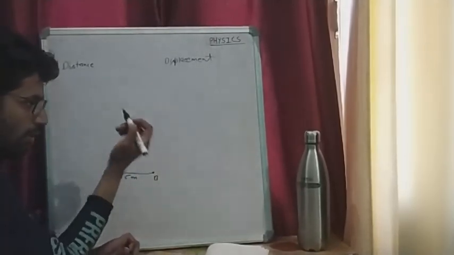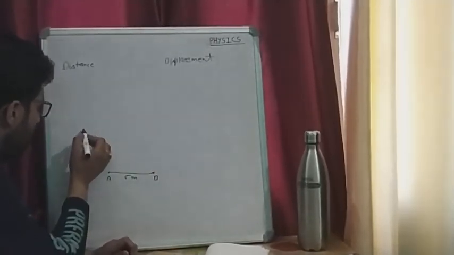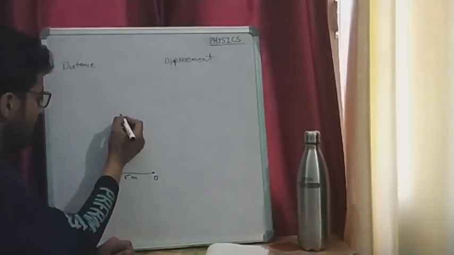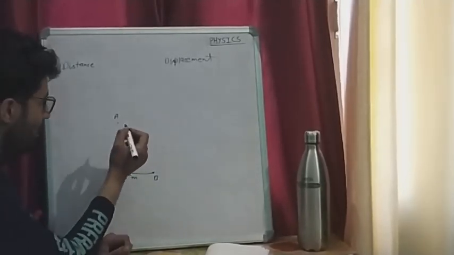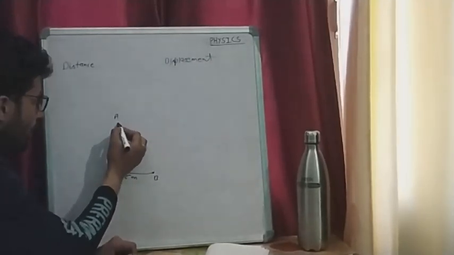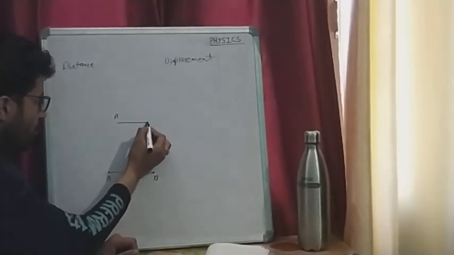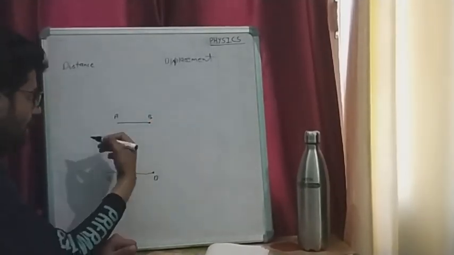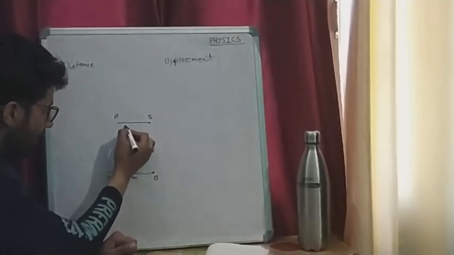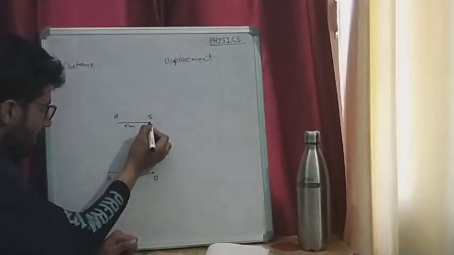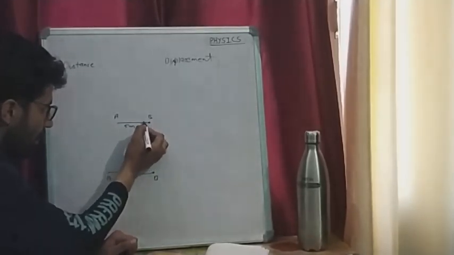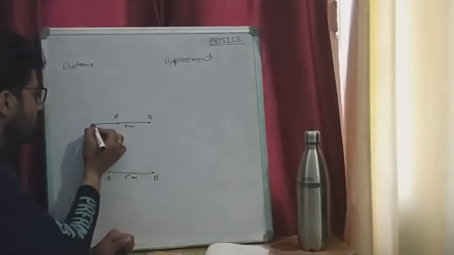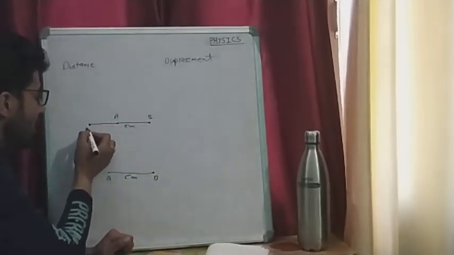Okay, let me give you another example. Suppose we are starting our journey from this point. This point is A. This is very important. And we are moving from this point to this point, that is B. This distance is 5 meter. Then we return back from B to A. Then we go to the left side and reach this point.